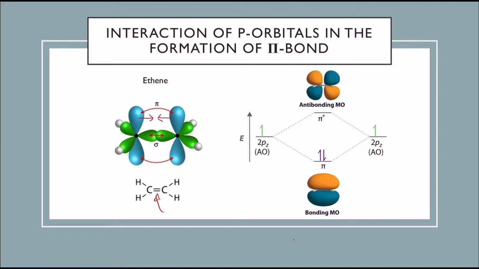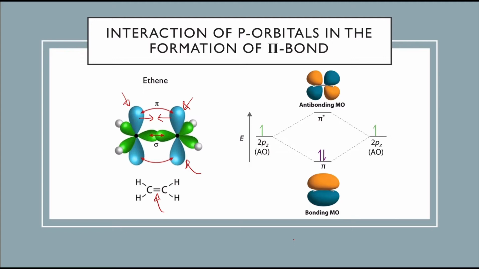Orbitals are regions where you can find electrons, and p orbitals are one kind of orbital which have a specific shape. The blue ones here are p orbitals. In this example, we have two p orbitals overlapping, and the two atomic orbitals will combine to form two molecular orbitals, because the number of atomic orbitals we put in will be the number of molecular orbitals that we get.